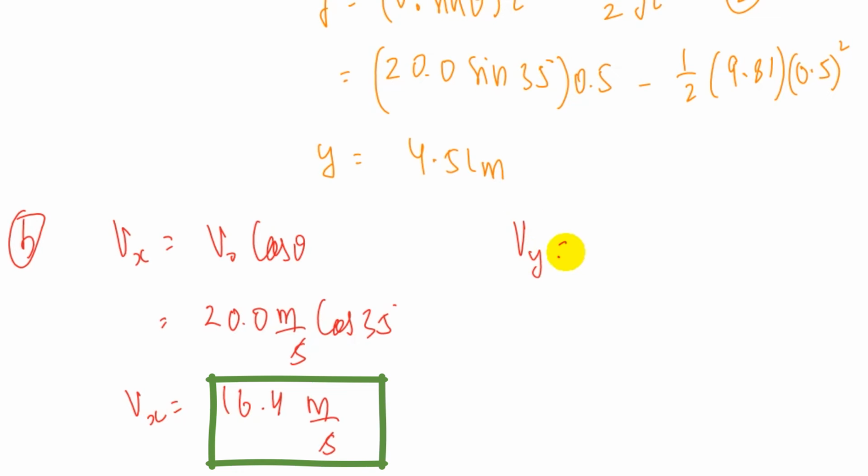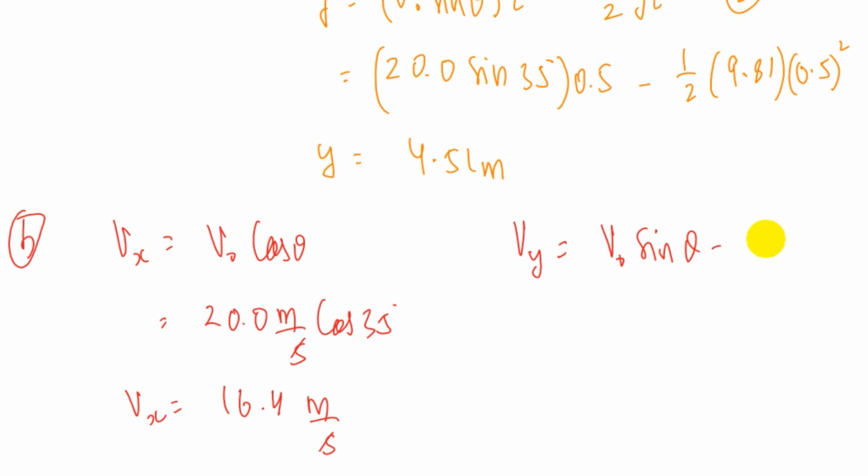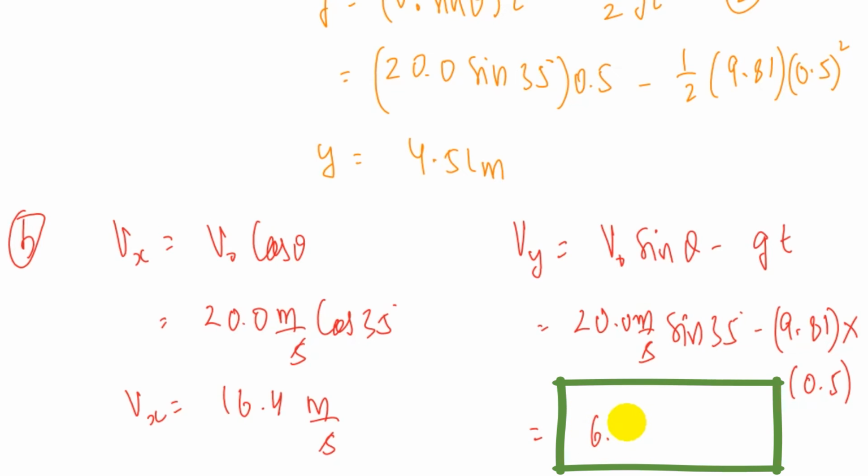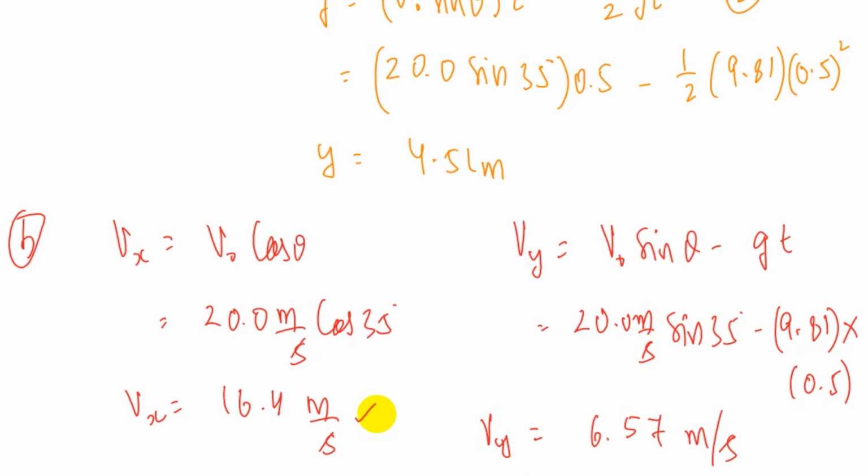Similarly Vy will be equal to V naught sine theta minus g t. V naught we have 20.0 meter per second, sine theta is 35 degrees, minus g is 9.81, multiplied with time 0.5 seconds, and on further solving we'll get this value of Vy to be equal to 6.57 meter per second. So this is the speed of the projectile in the x direction at time t equals 0.5 seconds.